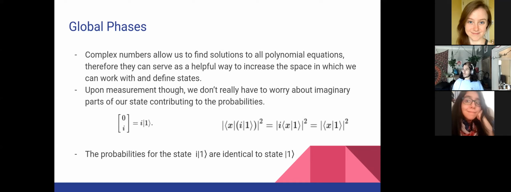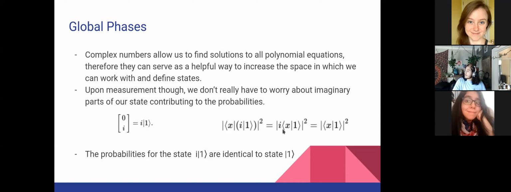If you notice here, we've got this scalar i, the imaginary number, times the 1 ket, and that evaluates to this ket right here, or this state vector. But if we actually find the probability of measuring x on the state i times 1, you'll see that i just factors out. And when we take the absolute value squared, that i is just lost.